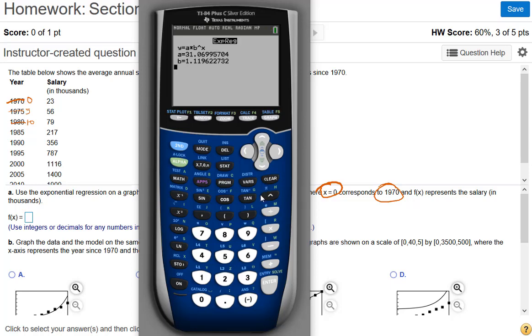Now, this is in y equals, the A is 31.070, rounded to 3 decimal places, times B, 1.120 to 3 decimal places, with an exponent of x.